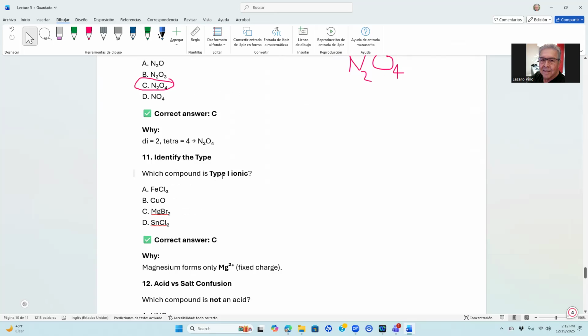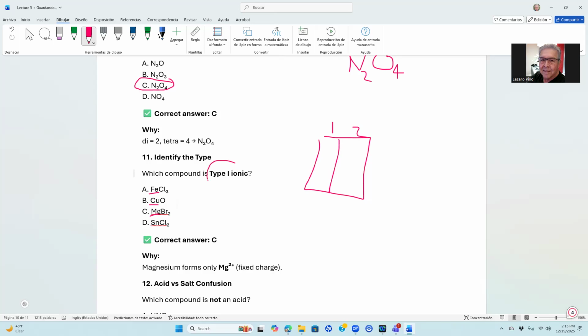Which compound is type 1? Well, type 1, remember that is from group 1 and group 2 of the periodic table that are metals. So, iron is transition, copper is transition, magnesium is, oh, sorry, I didn't read the question very well.